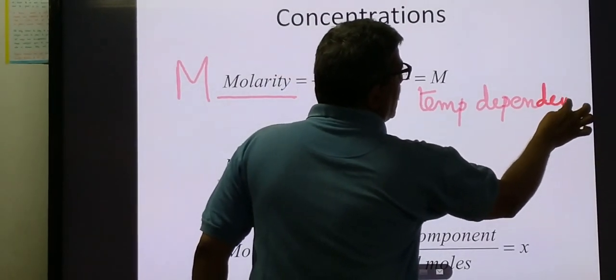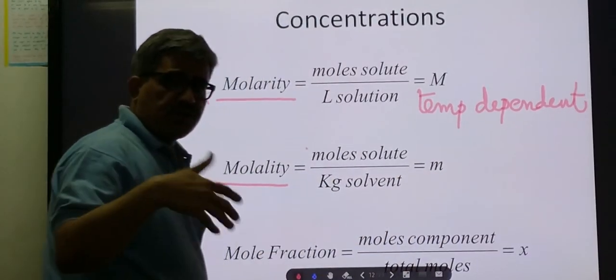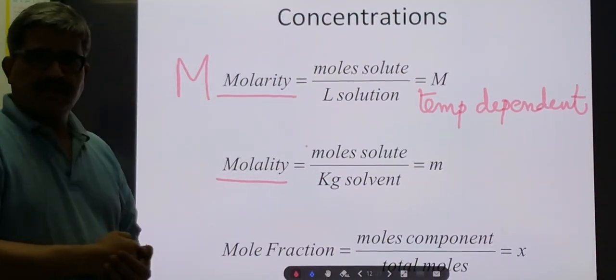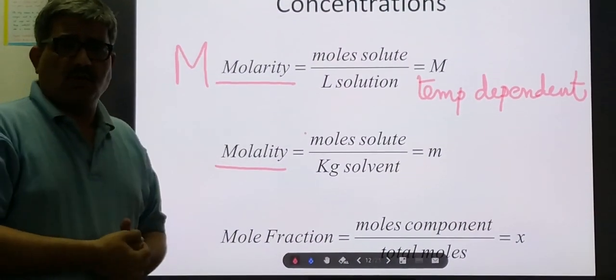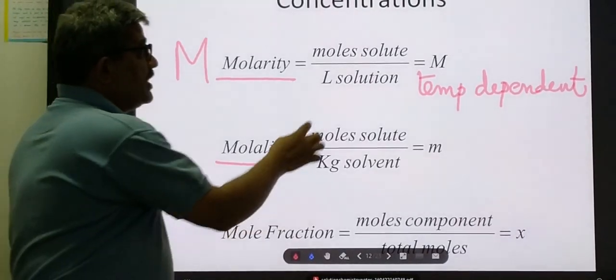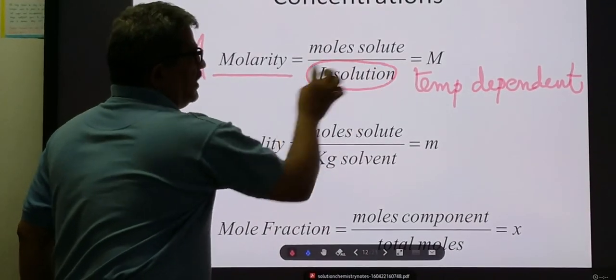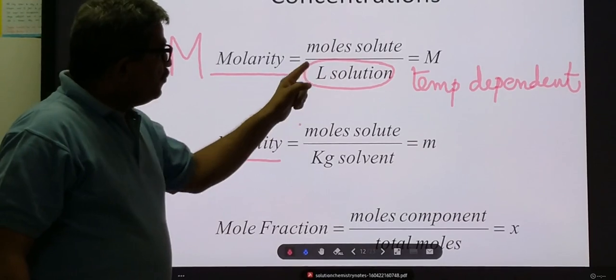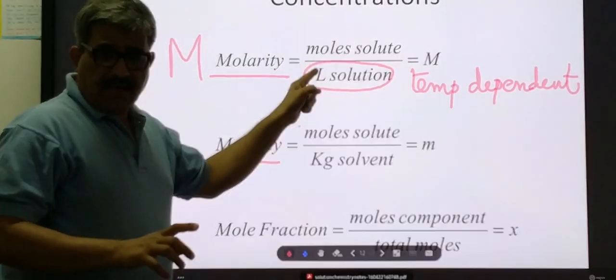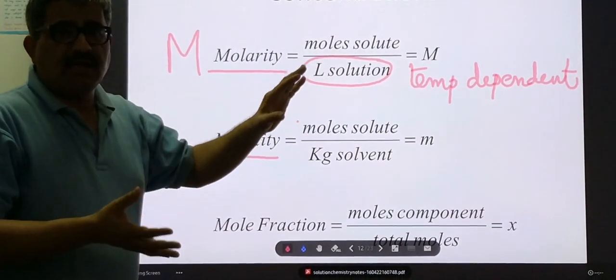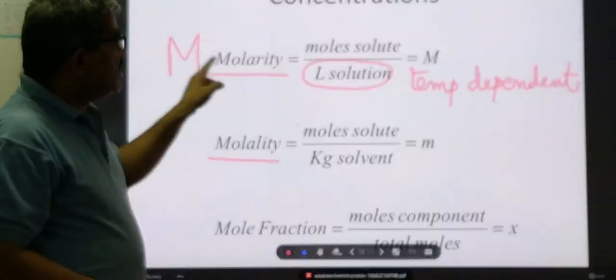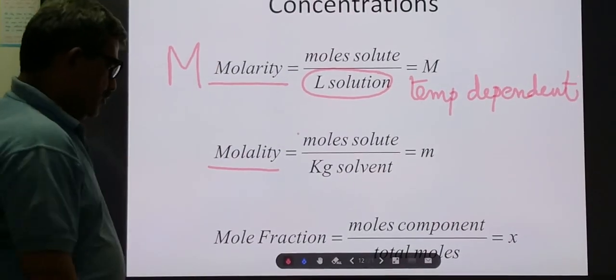That means as temperature changes, this value changes. Why is it so? It is because there is a volume term in it. Since volume, liquid volume changes with the temperature, so it is a temperature dependent value.